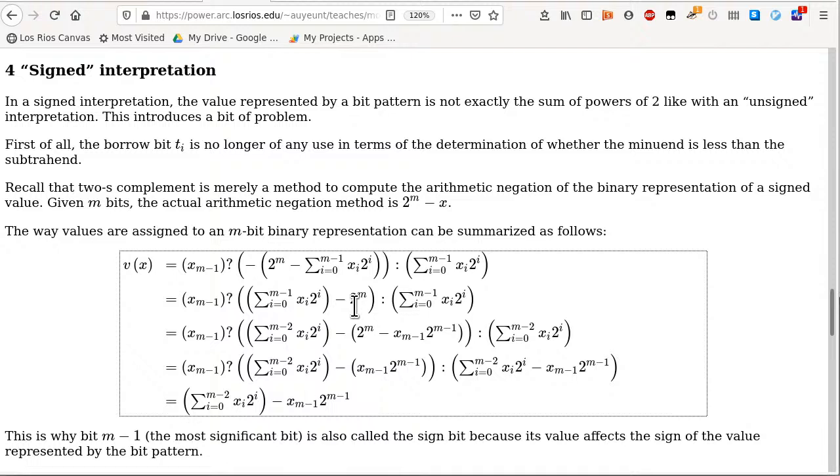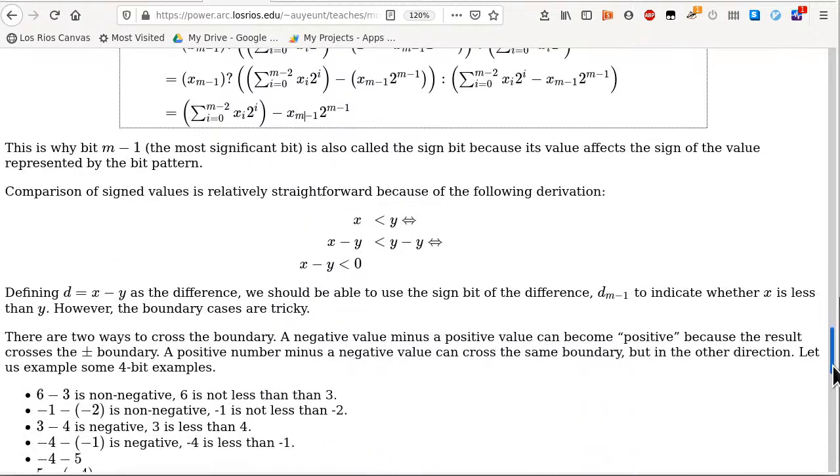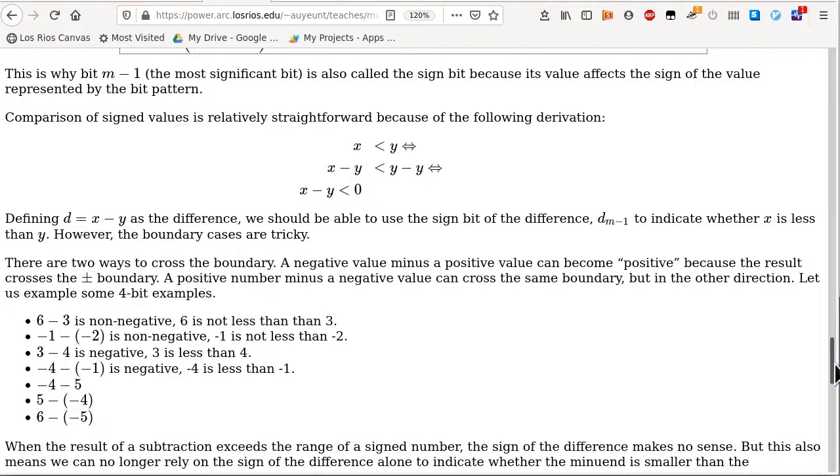All right, so now we move on. This module is not very long, but it is actually kind of confusing at certain times. So now we want to look at comparison. In this case, x and y are talking about the value represented by the bit pattern x in a signed interpretation, and also the signed interpretation of y as a bit pattern.